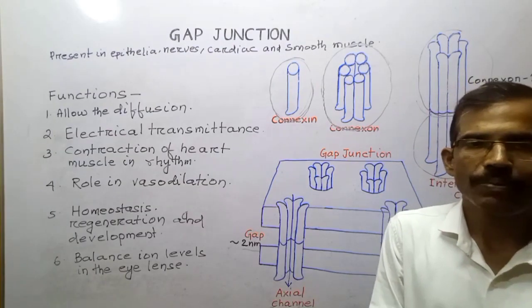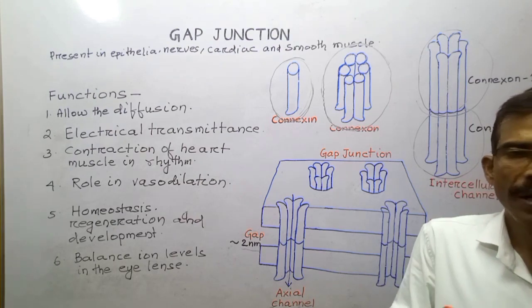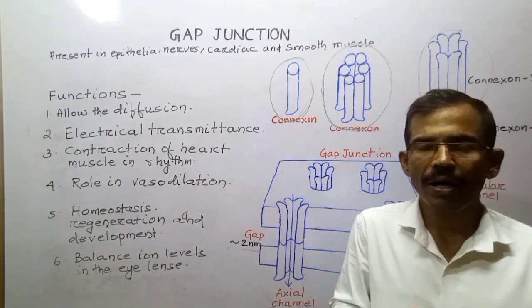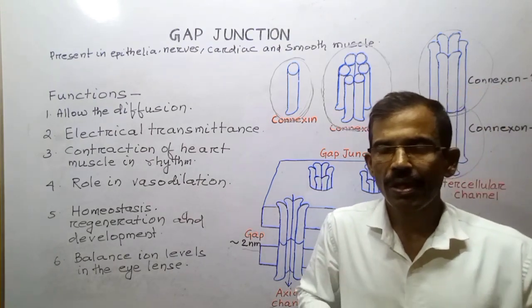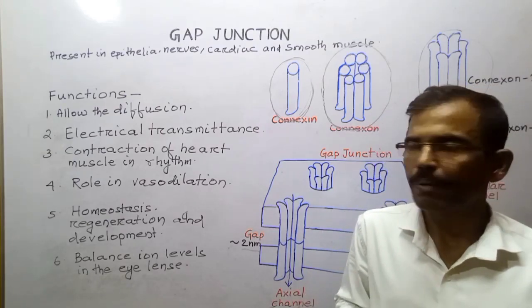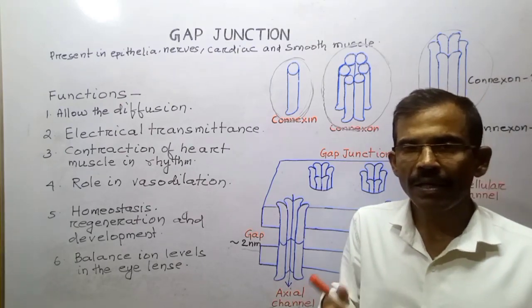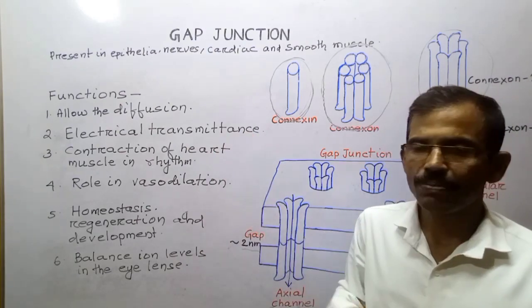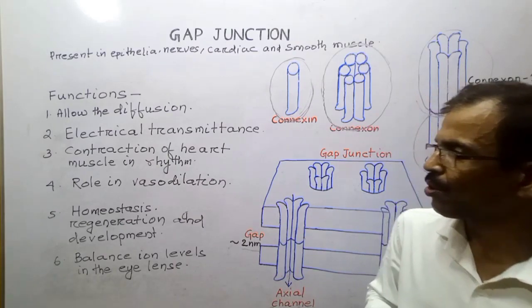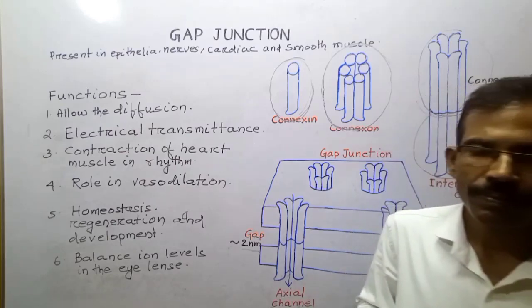Functions of gap junctions. One of the main roles is to allow the direct diffusion of ions and small molecules between adjacent cells, so they are involved in metabolic sharing. Gap junctions play a key role in electrical transmittance and also in the contraction of heart muscle in rhythm.